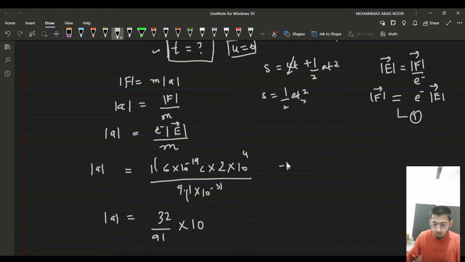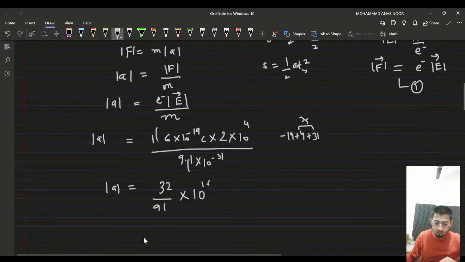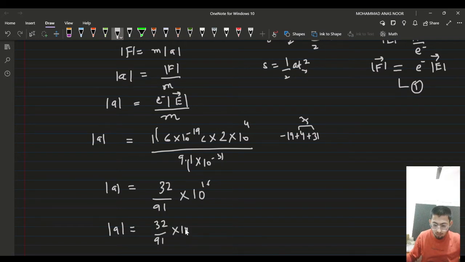It would be minus 19 plus 31, which is 10 to the power 16. So it is 32 by 91 into 10 to the power 16.